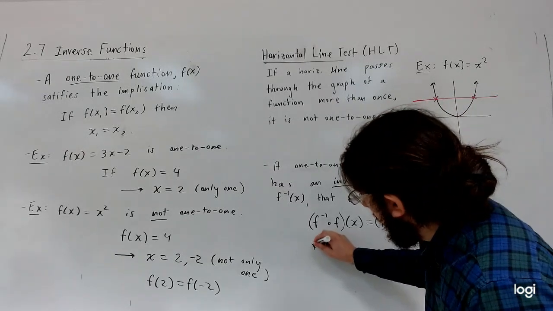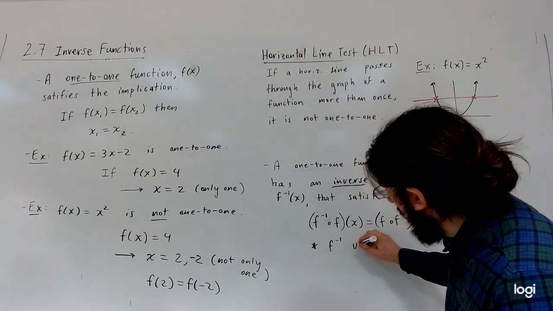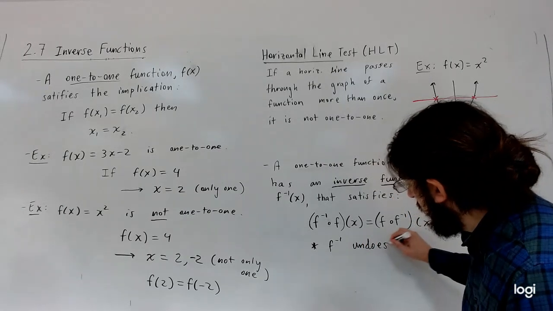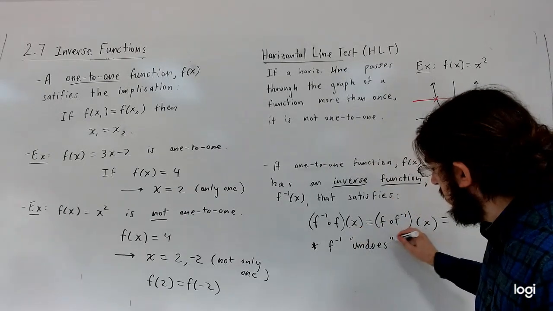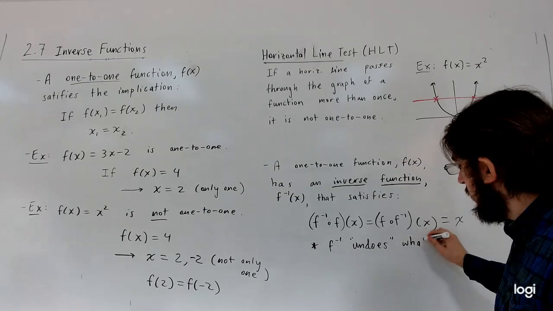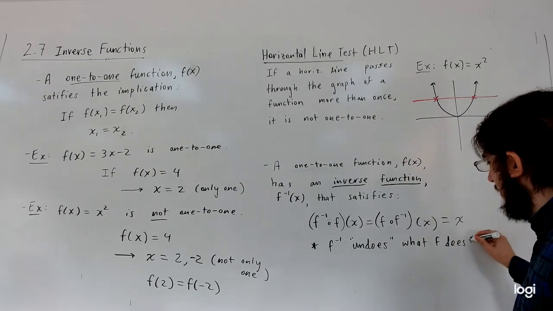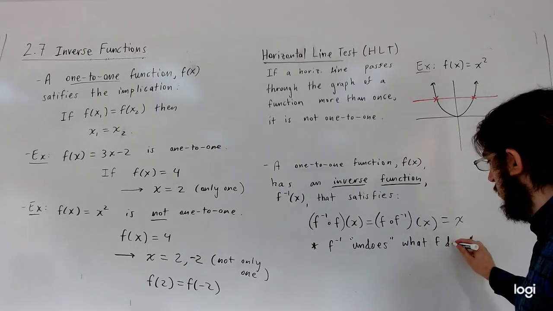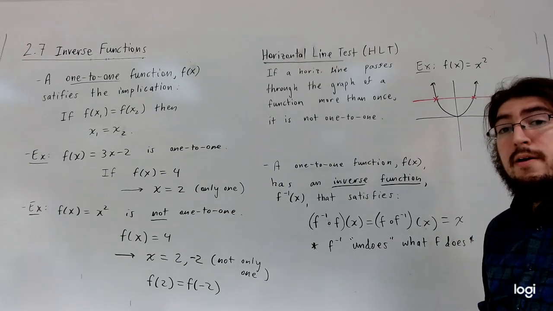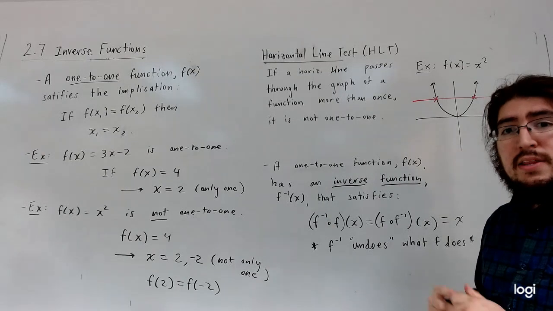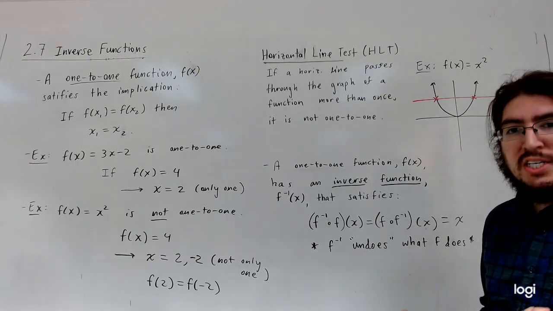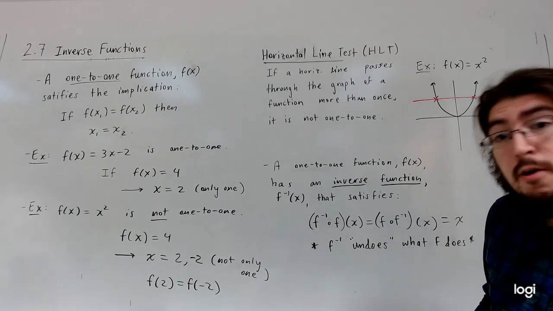So let me just say f inverse undoes what f does. I think this is a fairly important statement that will help you understand more what inverse functions really are. They undo what the original function does, and we'll see a few examples of that right now.